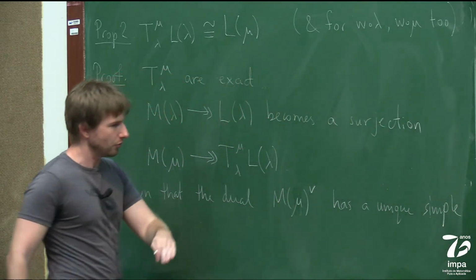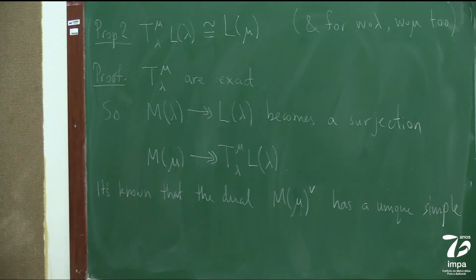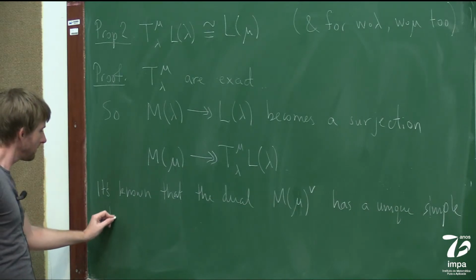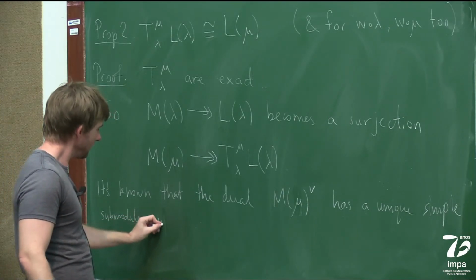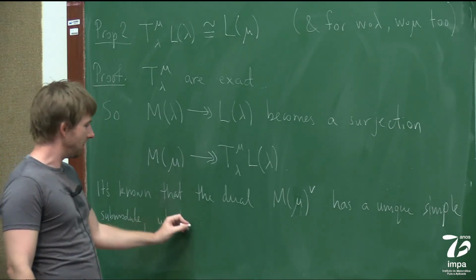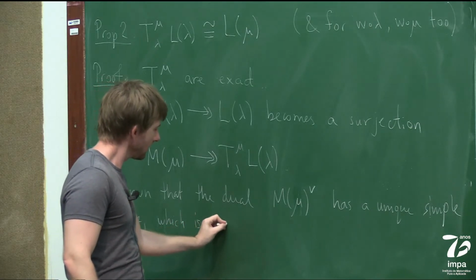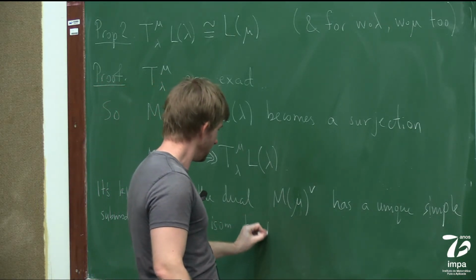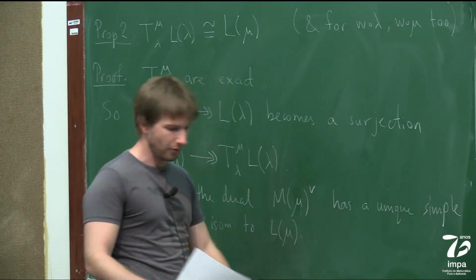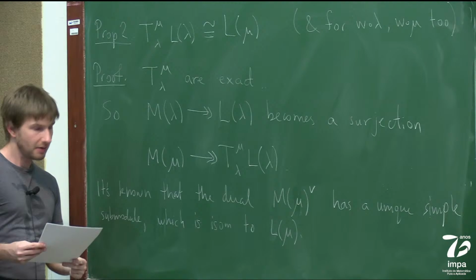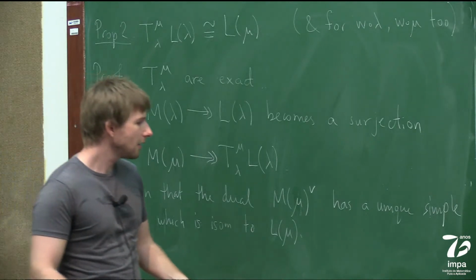So you also have to think about duals. Just as the Verma module has a unique simple quotient, it's believable that the dual of a Verma module has a unique simple submodule, which it turns out is isomorphic to the corresponding irreducible quotient.